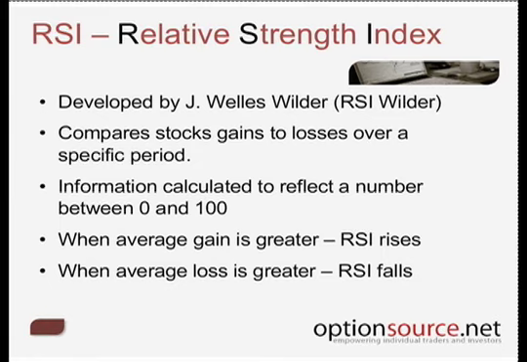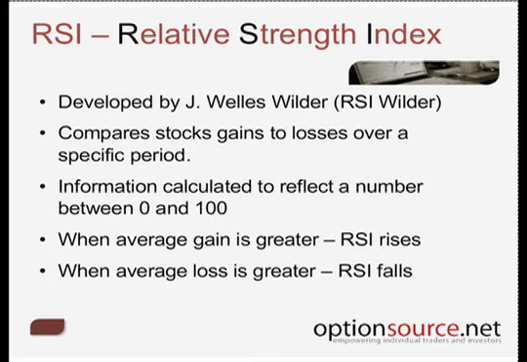So it helps us gauge where the momentum is in these markets. If we were looking at trading a bearish opportunity, for example, and we felt that the pair was going to move lower, then we would really be looking at the RSI rolling over and moving towards the downside.